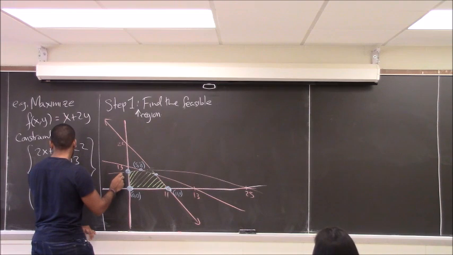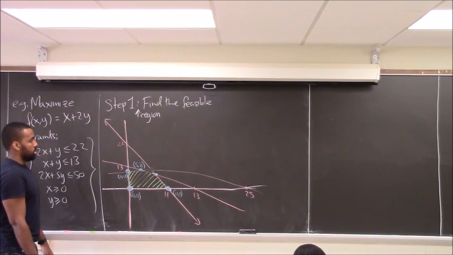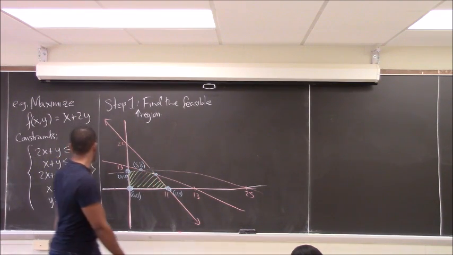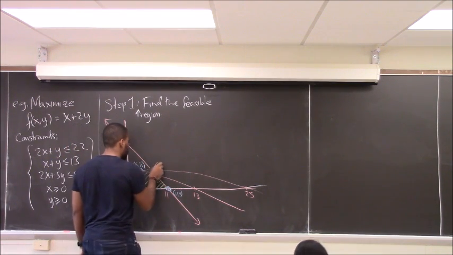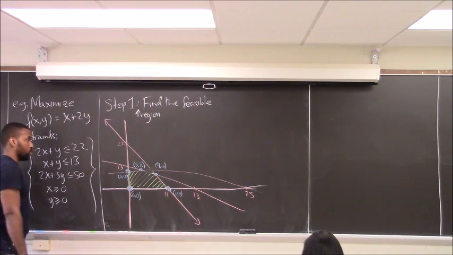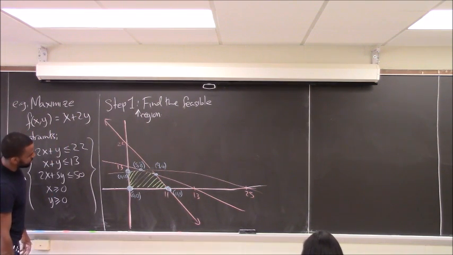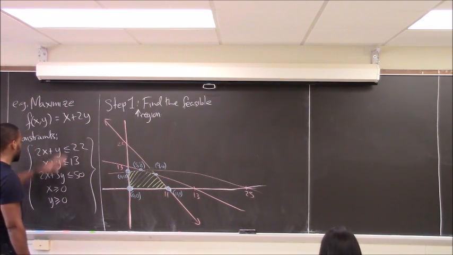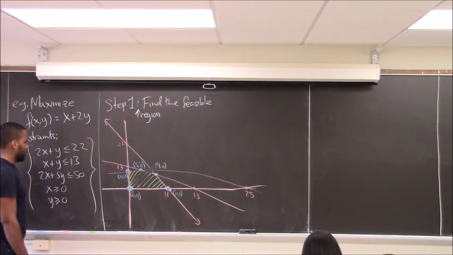This one is 0, comma 2. Now we need to know this one. 9, 4. Did we already find that too? Yeah. Not farther than I thought. Okay, cool. So that was step 1, to figure out what region satisfied our constraints.